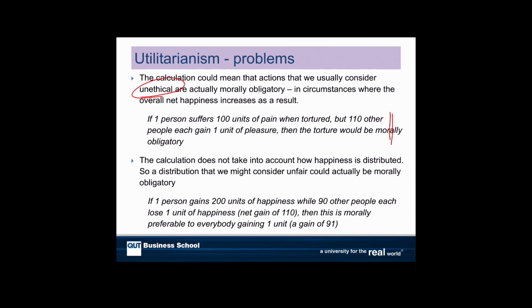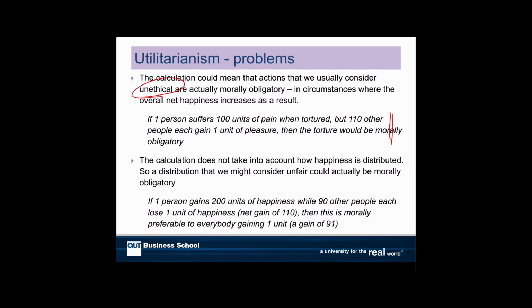Slavery, things like that, could be justified if the utility units came out the right way. So it can lead to these consequences, which this theory shares with ethical egoism, because they both only care about the consequence, not how you get there. And sometimes we start to worry ethically about how we get to that particular consequence.